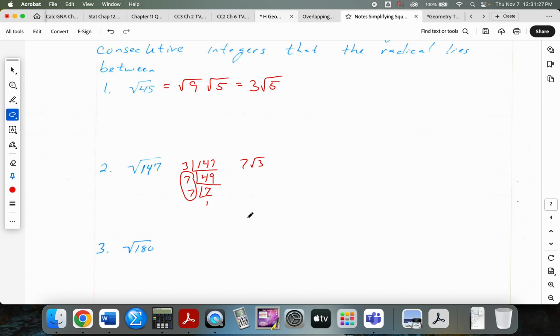So 7 goes into 49 7 times, and 7 goes into 7 once. So you just do it until you get 1. But how do you know when to stop? When you get 1. No, couldn't you just do 147 divided by 147? It has to be a prime number. 147 is not a prime number.